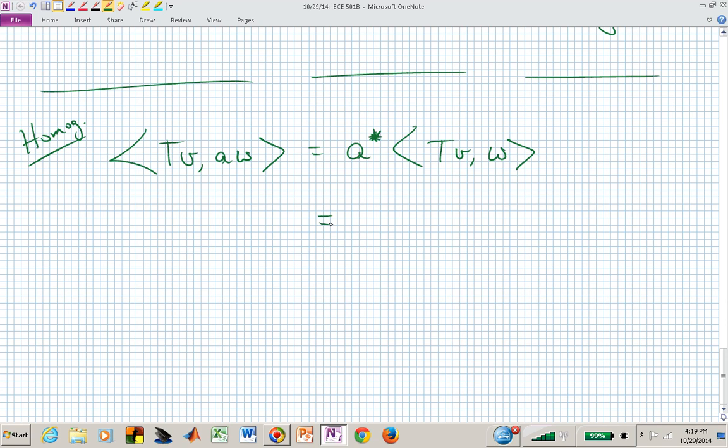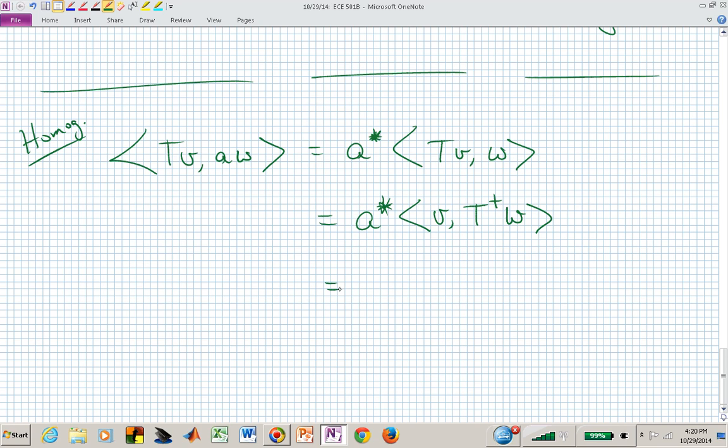Then, if I leave that a star outside and now just use the definition of the adjoint, this now becomes... is that correct? So now I'm just invoking in this second line just the definition of the adjoint.